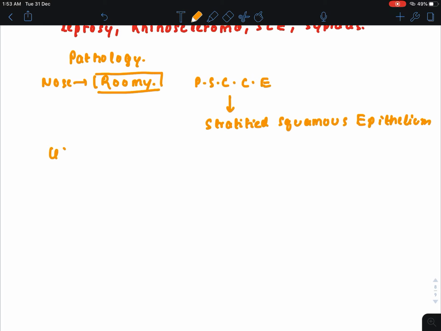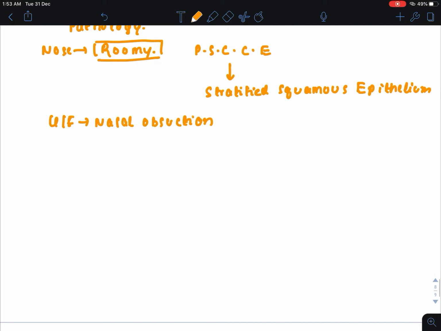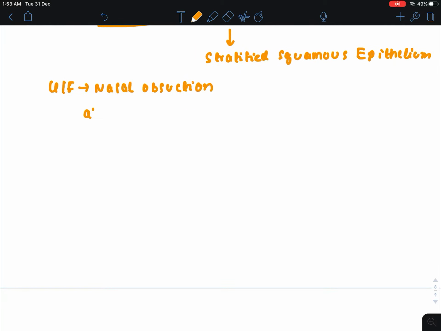So the clinical feature is nasal obstruction. The question is, why is nasal obstruction occurring? The nose has very much space, it looks roomy, but still the clinical feature says it has nasal obstruction. It is because of excessive crusting.